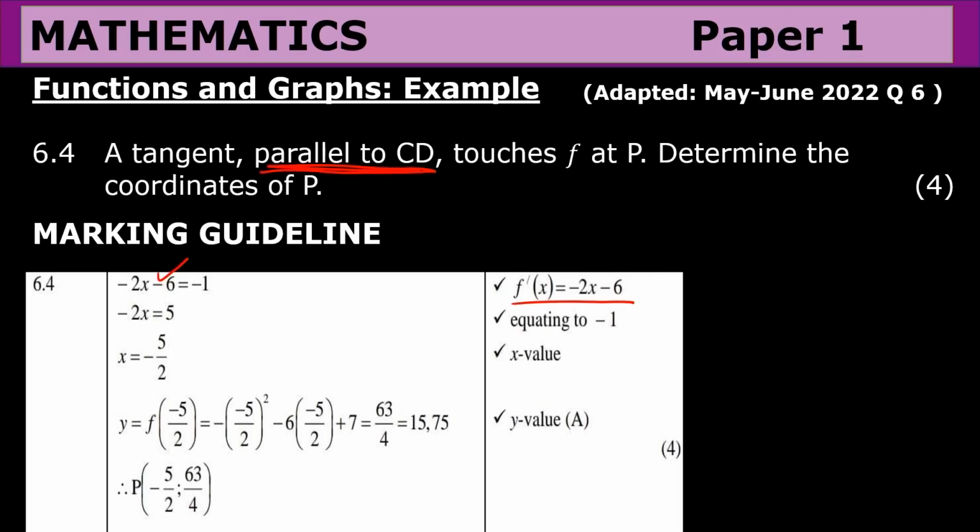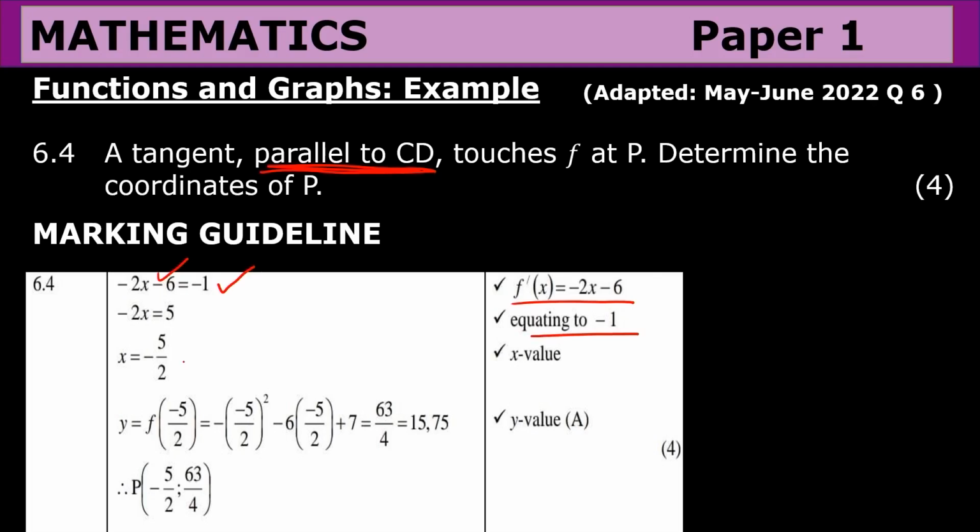The first derivative will allow us also to, because this is a tangent that is parallel to CD, this means that this tangent is going to have the same gradient as CD. So that is going to be equated to the gradient of the CD that we've calculated in the previous question, and that is -1. So that is the second mark that we get there.